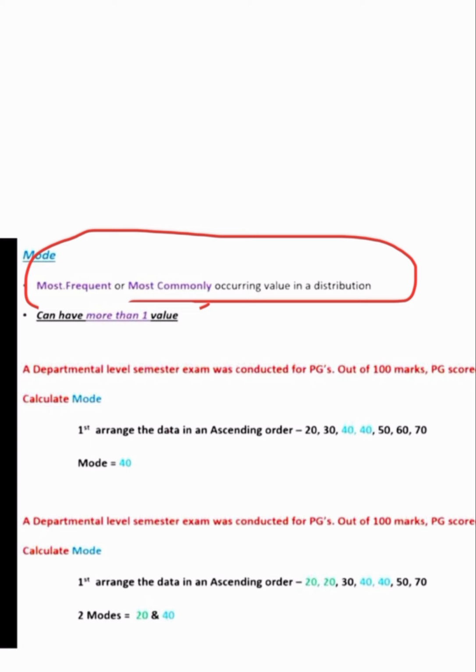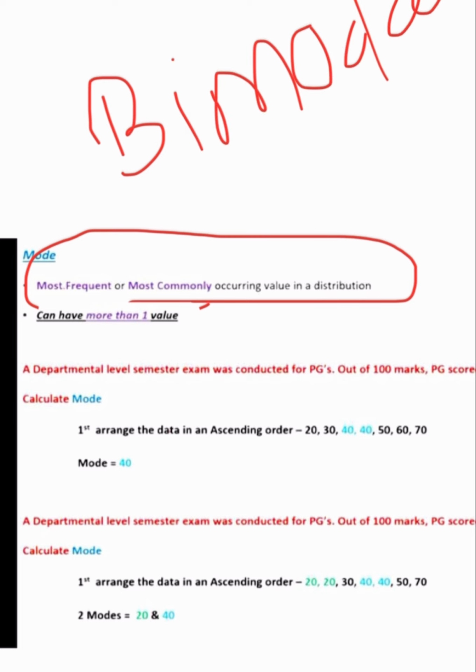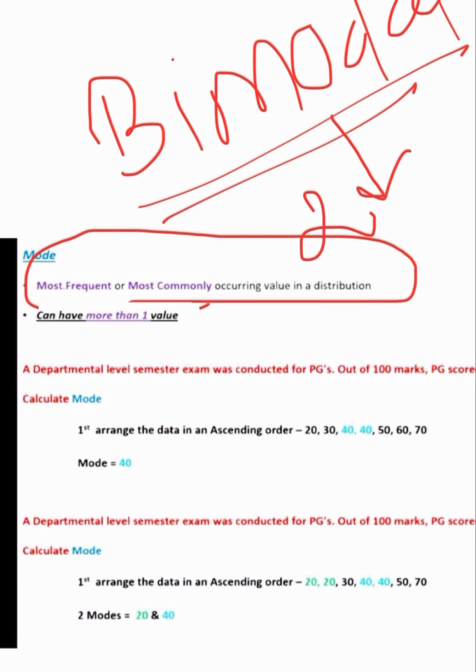You have heard about bimodal distribution. Bimodal is nothing but it has two modes, hence it is bimodal distribution. For example, departmental level PG marks are 20, 30, 40, 40, 50, 60, 70.